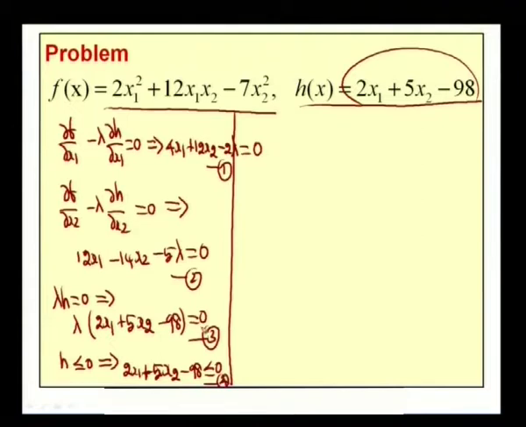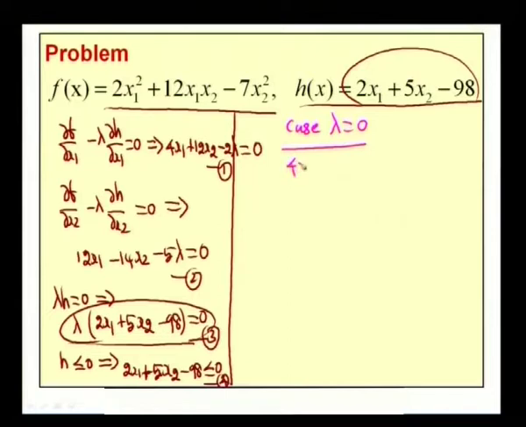Now, from equation 3, we have either lambda equal to 0 or 2x1 plus 5x2 minus 98 equal to 0. We consider the case lambda equal to 0. Suppose lambda equal to 0, then make use of it in equations 1 and 2.